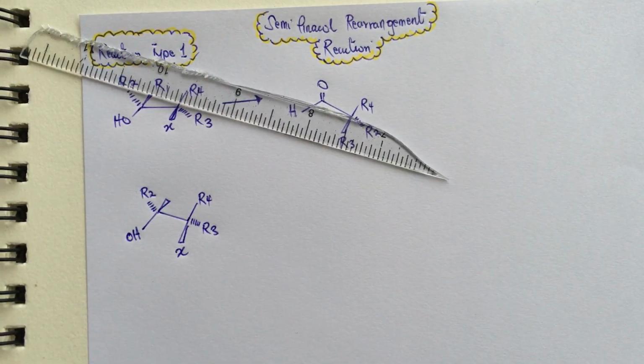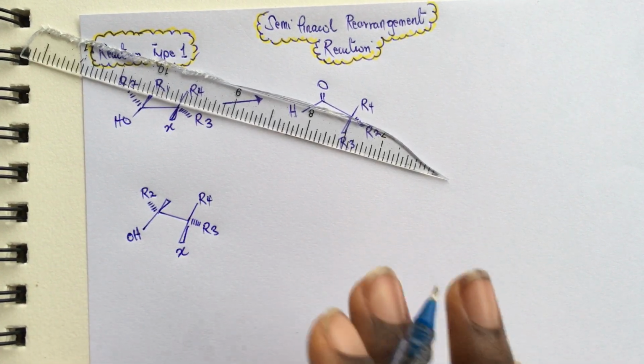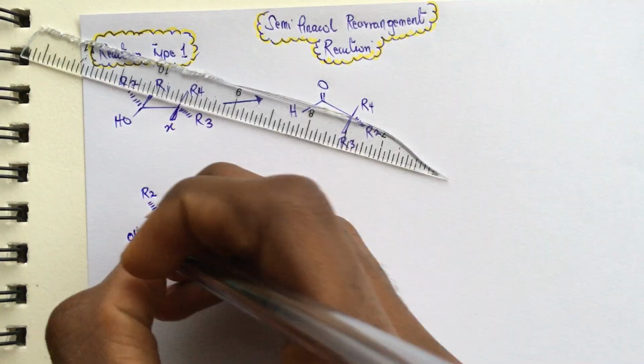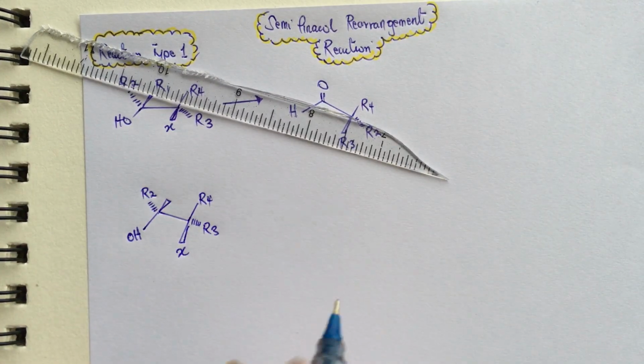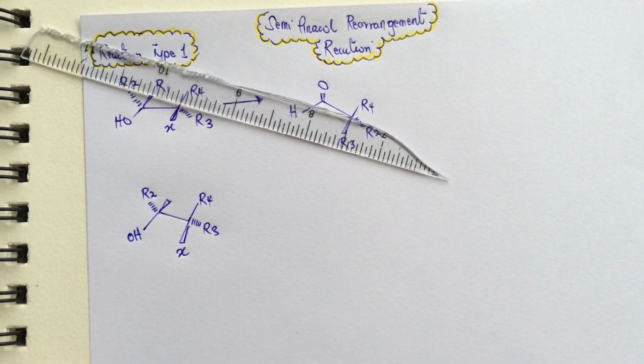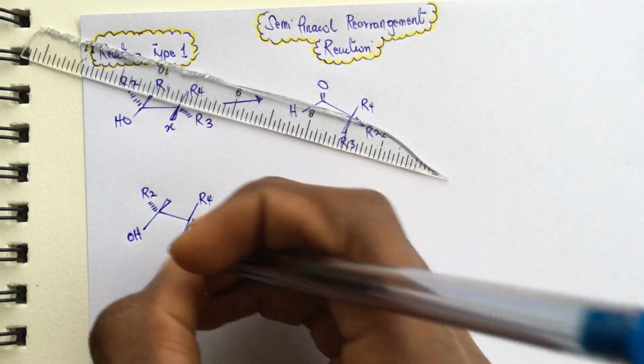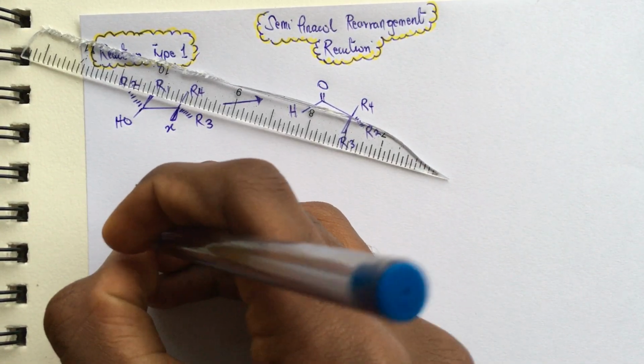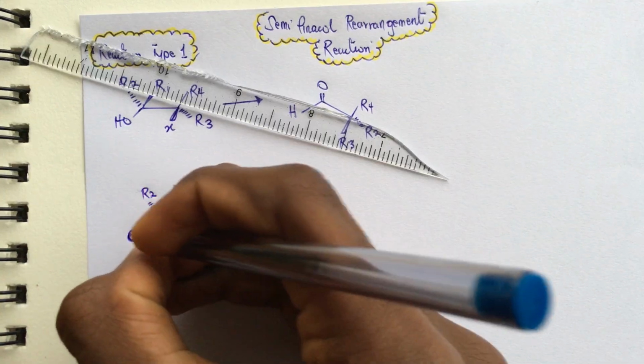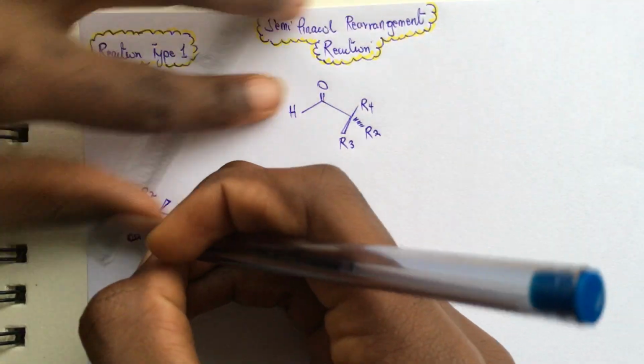Now in the presence of a base, right? Here we are using a base. The reason why we are using a base is to remove this particular hydrogen. When we remove the hydrogen, it forms an alkoxide, right? So let me put my oxygen here. Now let me change this to oxygen bonded to a hydrogen.